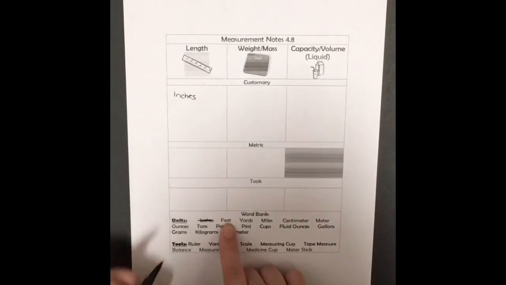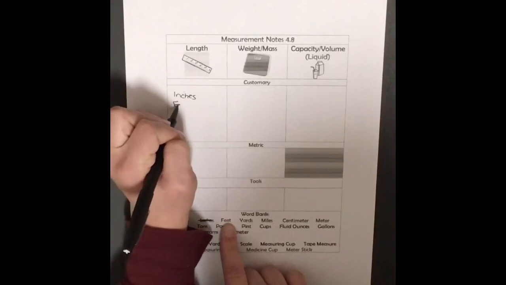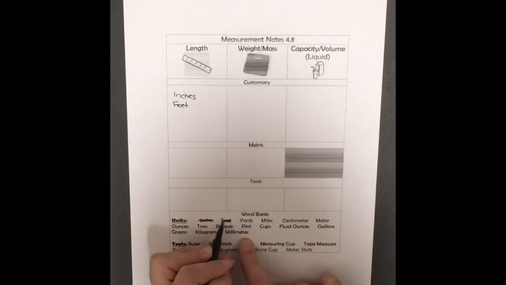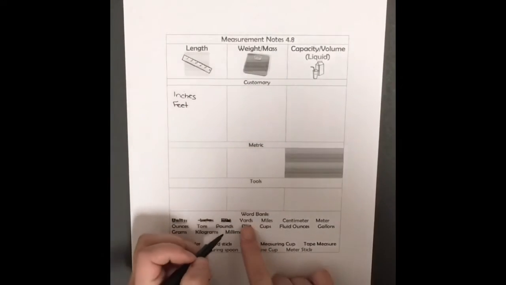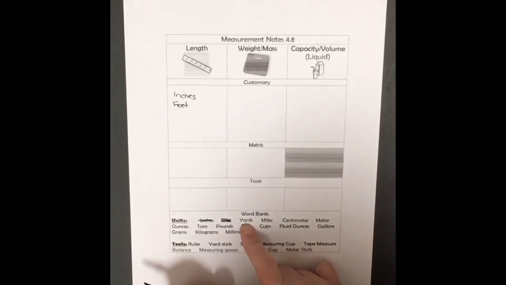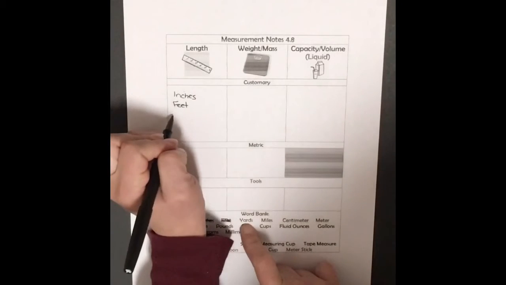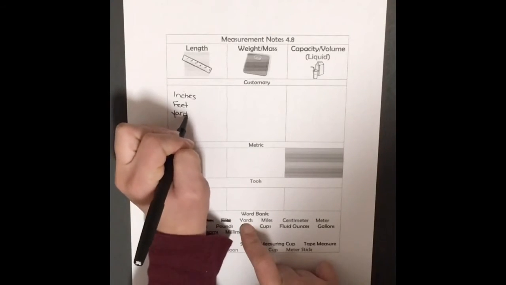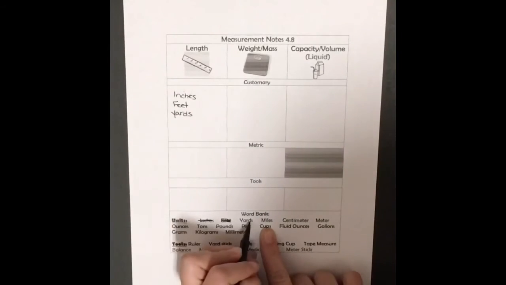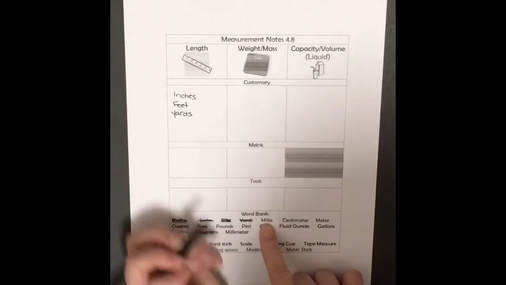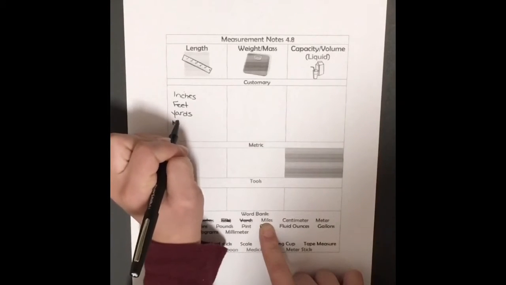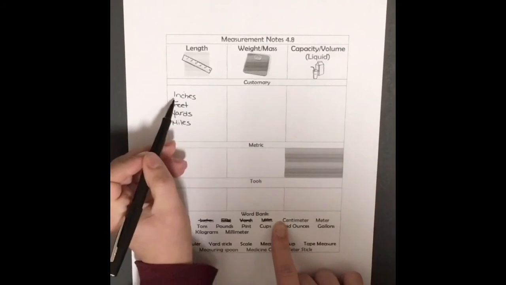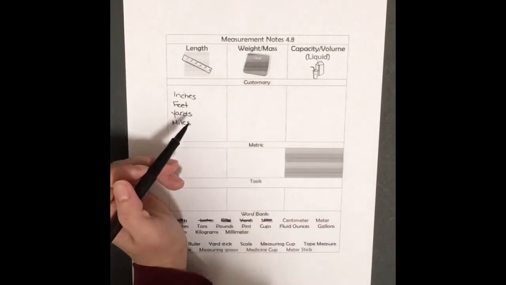Feet. Yes, feet is also a unit of length, not the feet that stink that go in your shoes. Yards, also a unit of length. And miles. Now notice inches is usually very small. That's on a ruler, right?